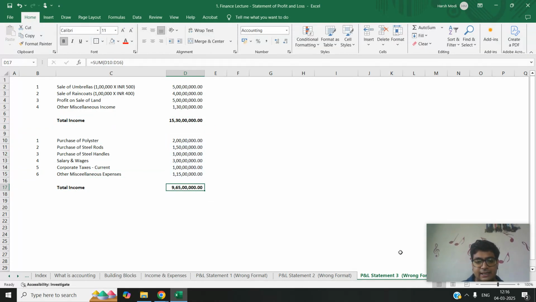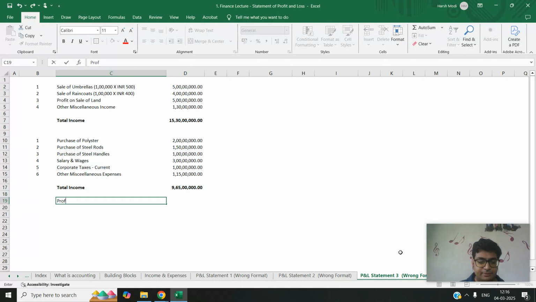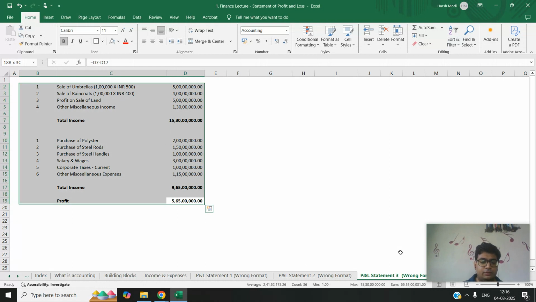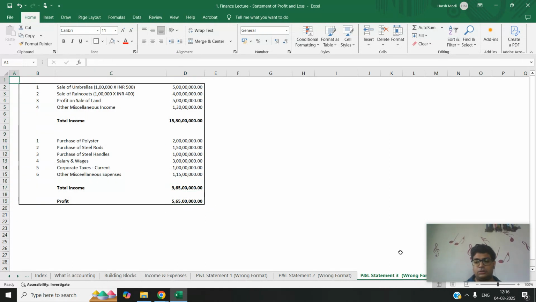He arrives at exactly the same expenses that Akshata and I arrived at. Once again, since income is more than expense, we have made a profit, and the quantum of profit is the difference between these two, 5 crore 65. He goes to the promoter of XYZ Limited and says, well, here you go, this is your statement of profit and loss.